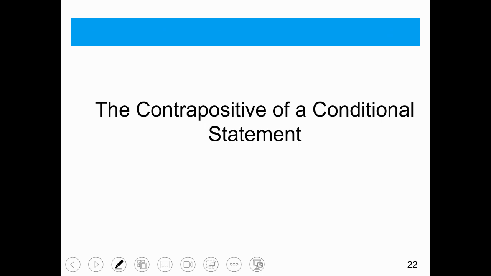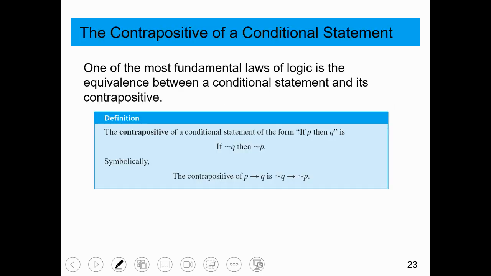All right, let's talk about the contrapositive. So, one of the most fundamental laws of logic is the equivalence between a conditional statement and its contrapositive. Okay. So, if you have if P, then Q, it is logically equivalent to if not Q, then not P. So, if you have a conditional statement and you switch the hypothesis and conclusion and also negate them, you will have a logically equivalent statement called the contrapositive.